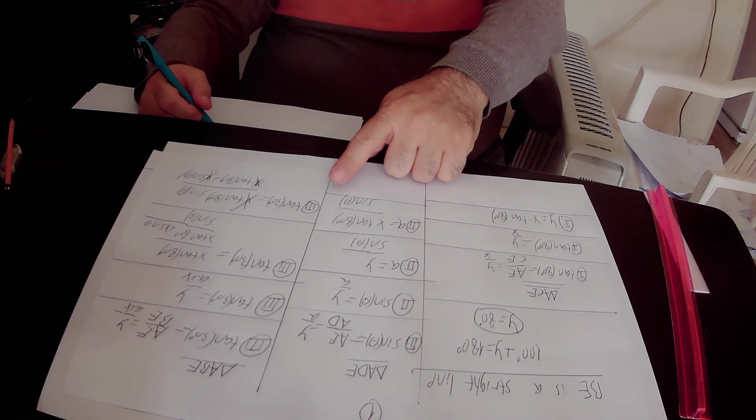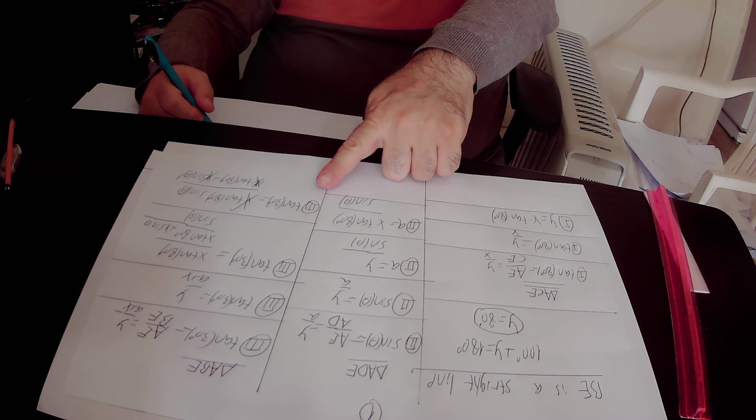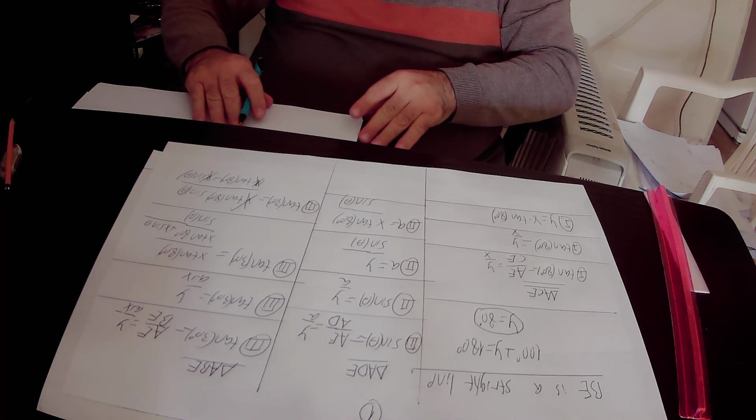And we also know that tangent 30 degrees equals 1 over square root of 3 units, so I write it down.